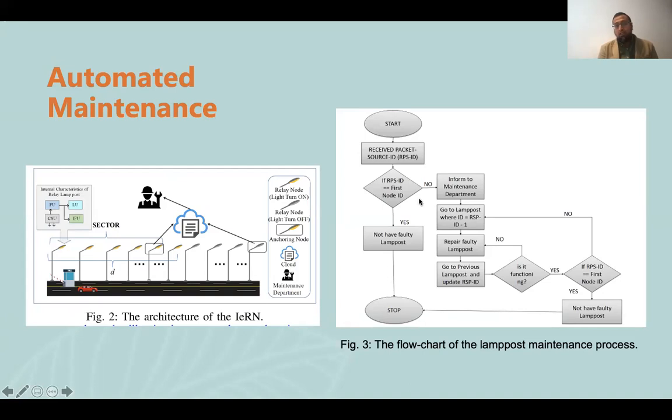So the algorithm will identify that the first ID should be this, but it is something else, meaning there is a problem in this sector. The maintenance team can go directly to the sector and identify the problem.